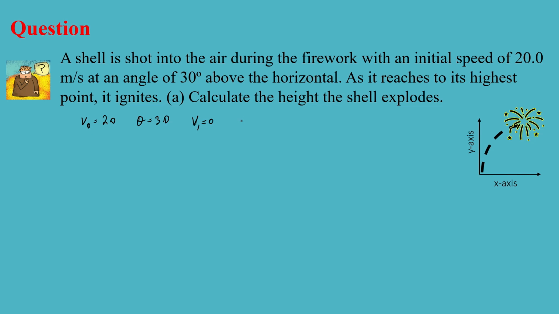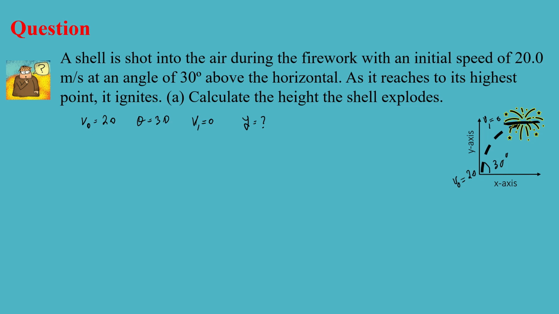So I need to find y here, right? That's the value I'm looking for. So my angle theta is going to be 30 degrees. At the highest point, my velocity v1 is going to be 0. And my initial velocity v0 is going to be 20 meters per second.